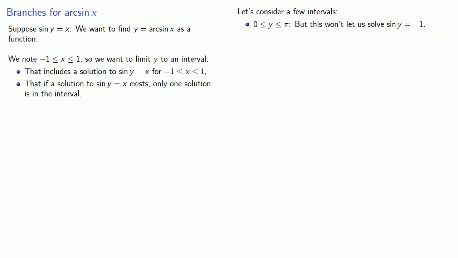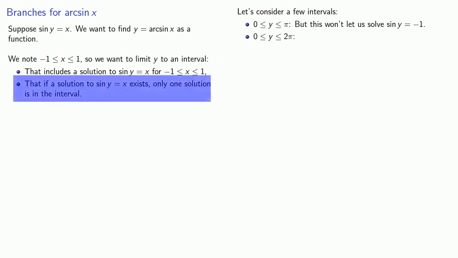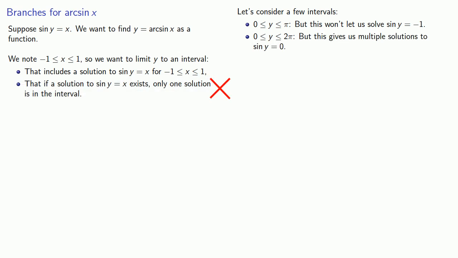Well, how about y between 0 and 2 pi? While this meets that first requirement that we include all solutions to sine y equals x for x between negative 1 and 1, it misses the second requirement that only one solution is in the interval. There are multiple solutions to things like sine y equals 0.